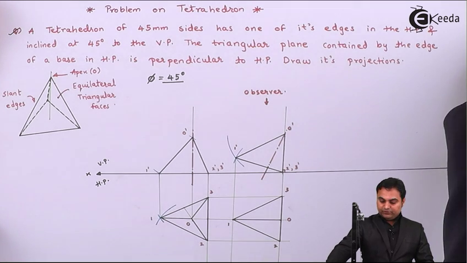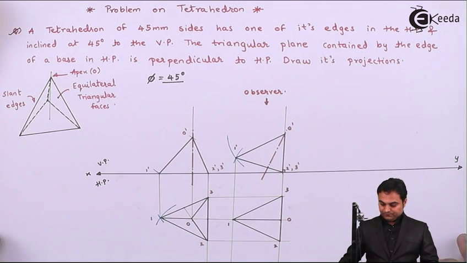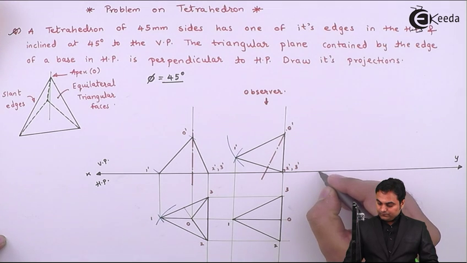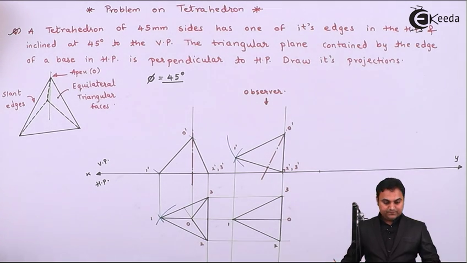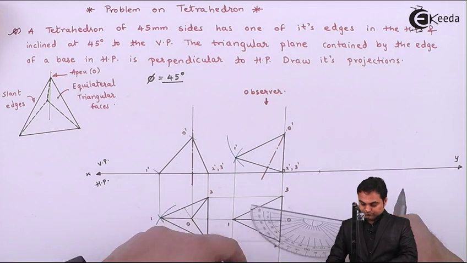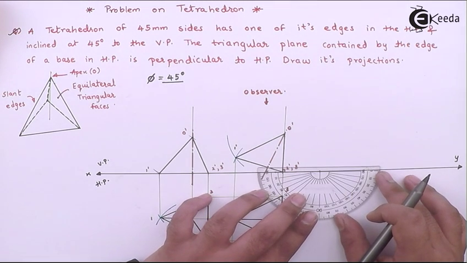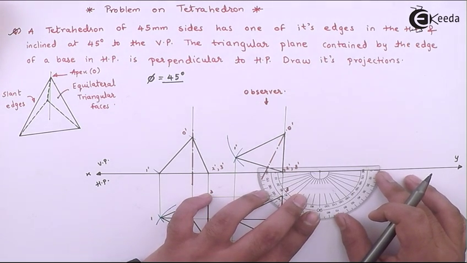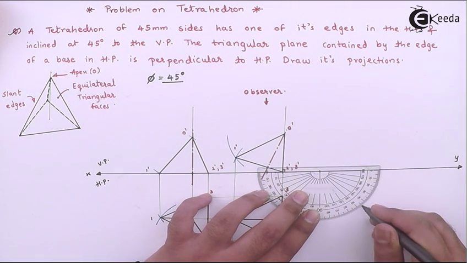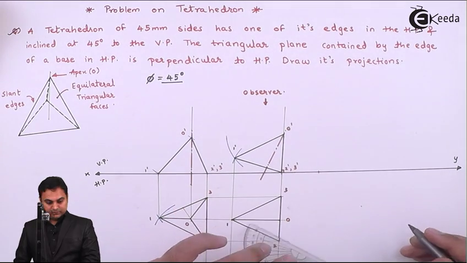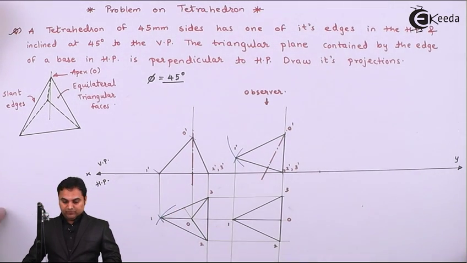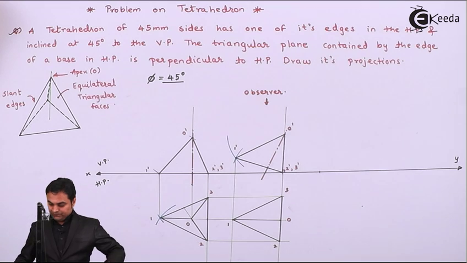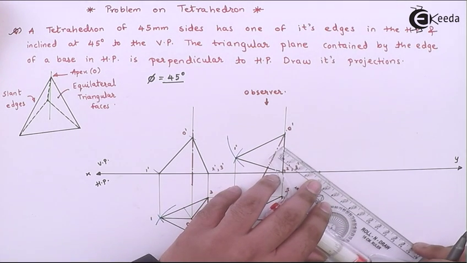So next I will be drawing a 45 degree line, taking a point here, marking the angle as 45 degrees, joining it with the help of a light line first.